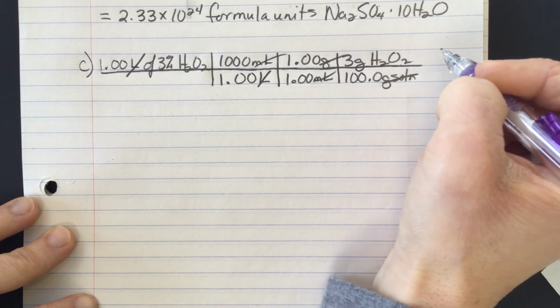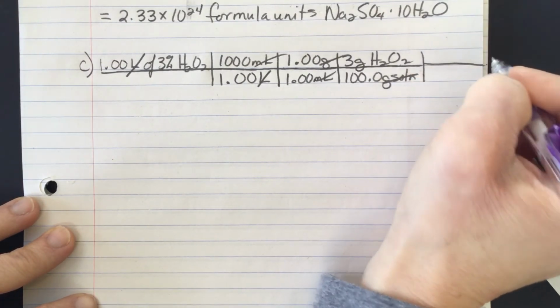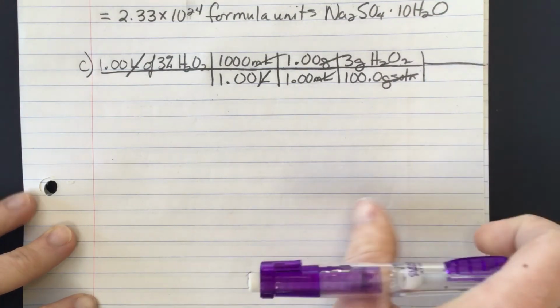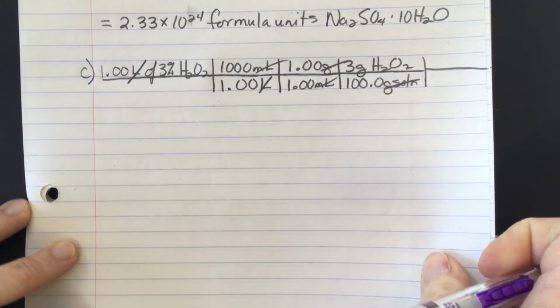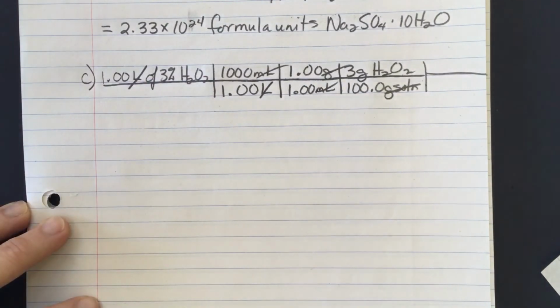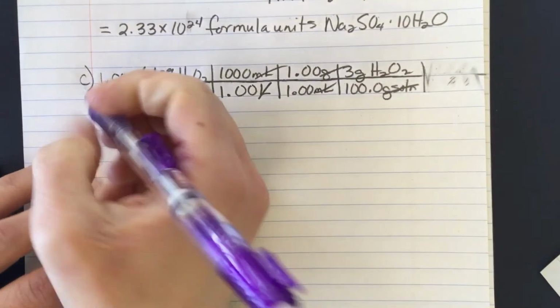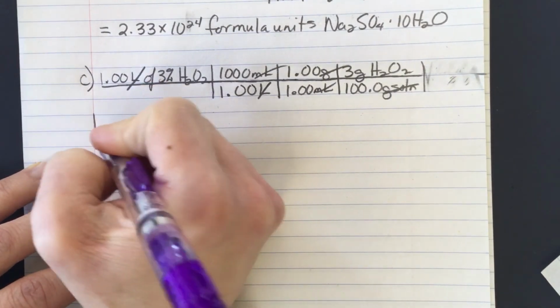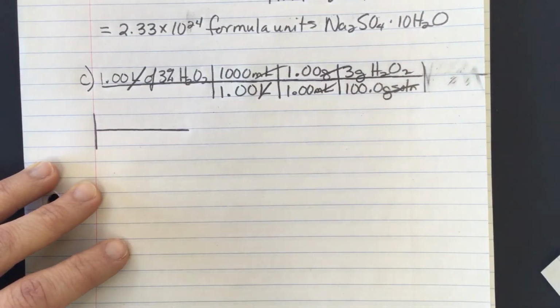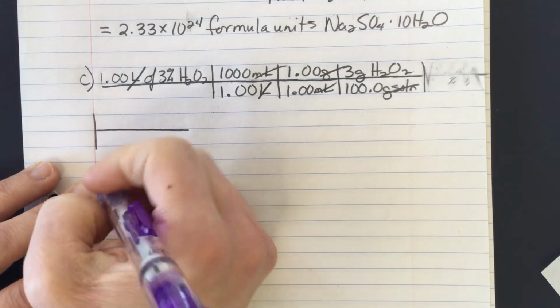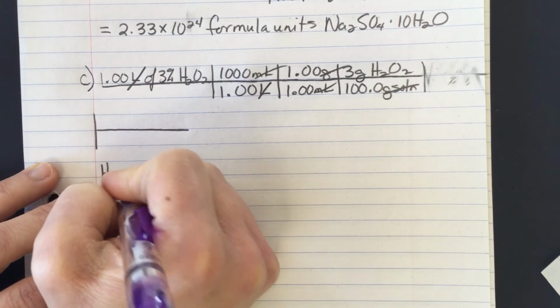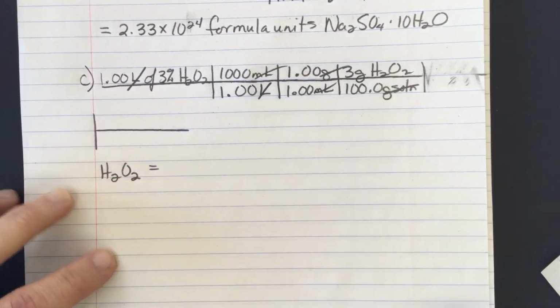I'm going to run out of room. Now, our hydrogen peroxide, actually let's move this down. So I'm going to continue the problem down here. And we need now our molar mass of hydrogen peroxide.